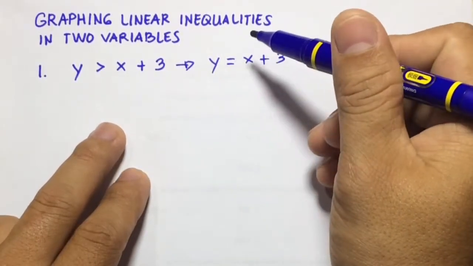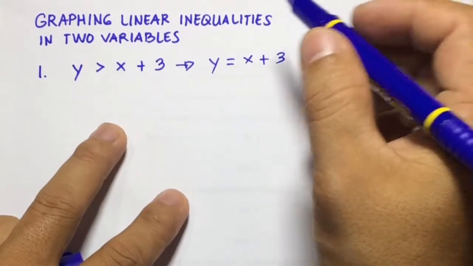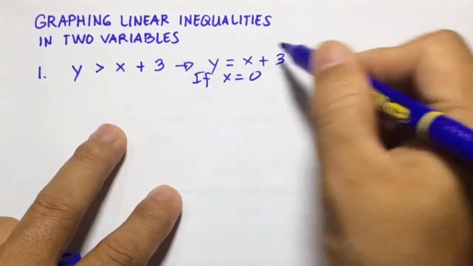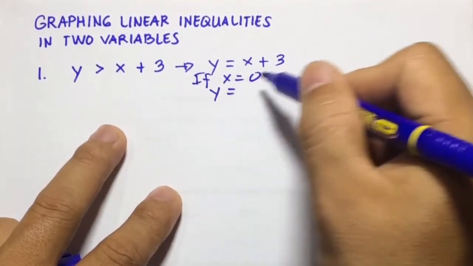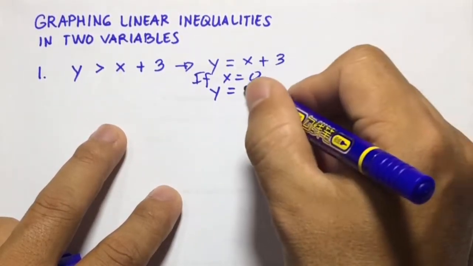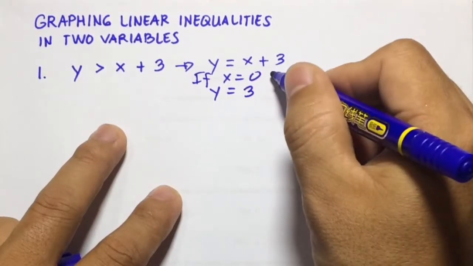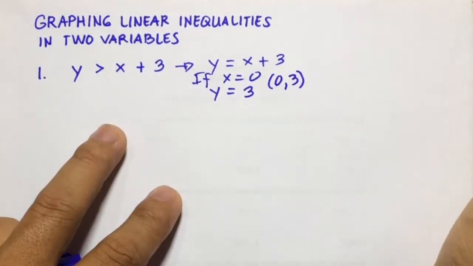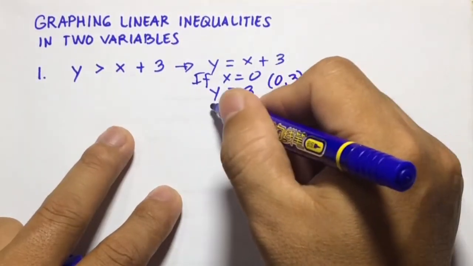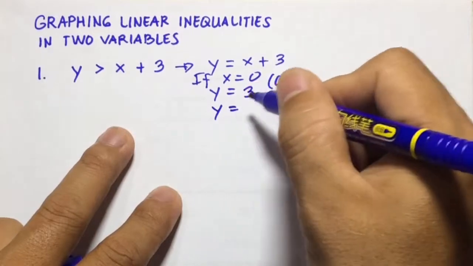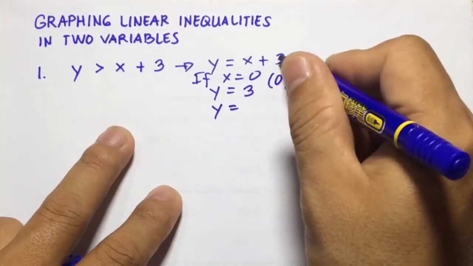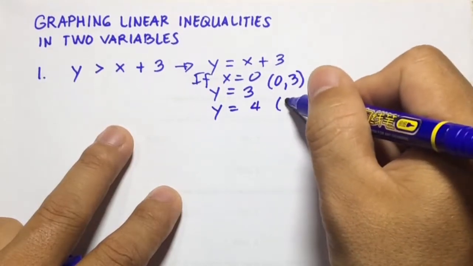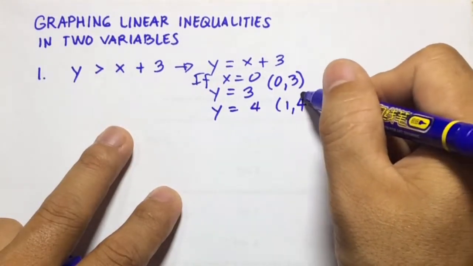If x is equal to 0, we have y equals 0 plus 3, that will be 3. So our first point is (0, 3). Then if x equals 1, y will be equal to 1 plus 3, that will be 4. So our second point is (1, 4).